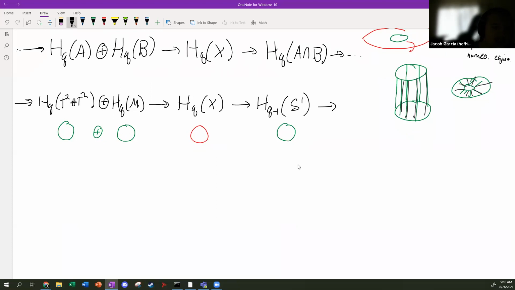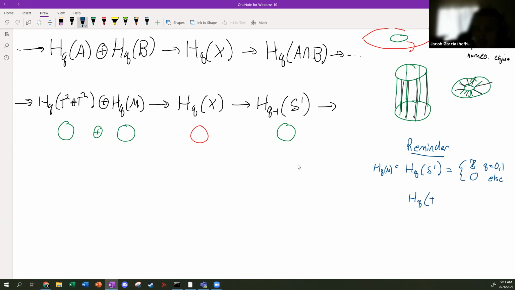By the way, I suppose I should remind you: H_q of S^1 is Z for q equal to 0 or 1, and it's 0 otherwise. This is the same as the homology group of the Mobius band, as I said above.